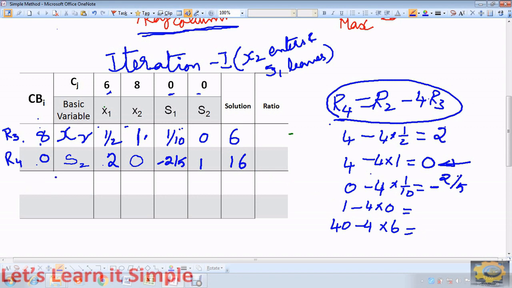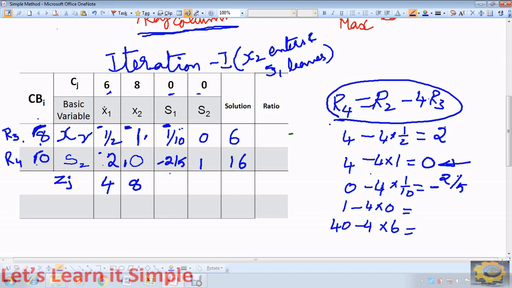Next we need to find zj as we did in the previous case. So zj is basically we need to multiply 8 with half plus 0 into 2. So 8 into half plus 0 into 2, which amounts to 4. Now for the second one, 8 into 1 plus 0 into 0, which amounts to 8. For the third column, 8 into 1 by 10, let's say 8 by 10, which is basically 4 by 5, plus 0 into minus 2 by 5.